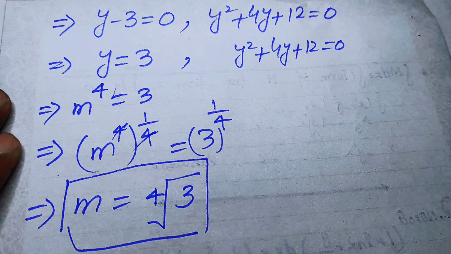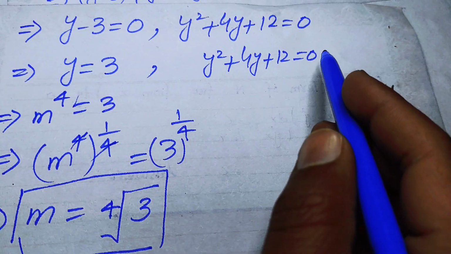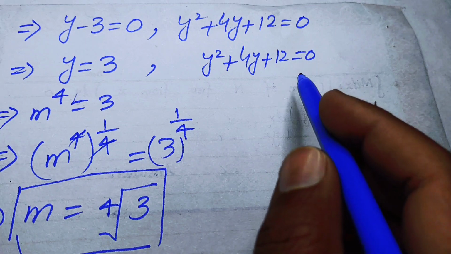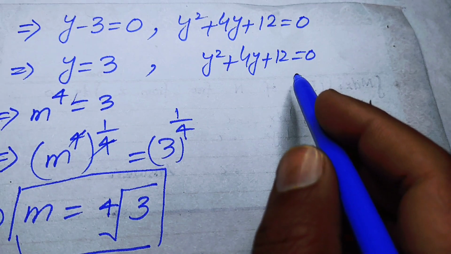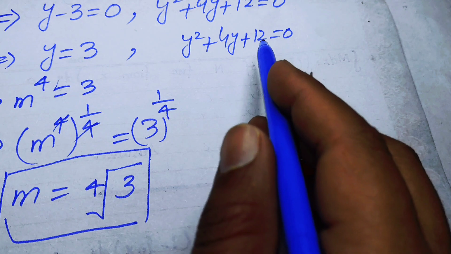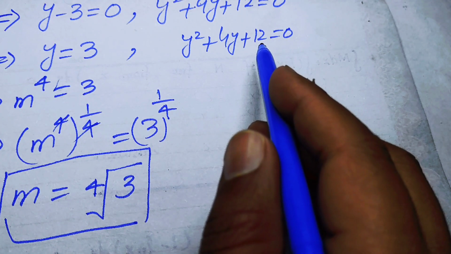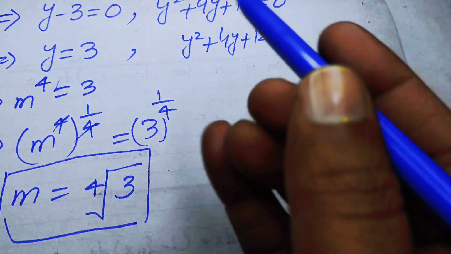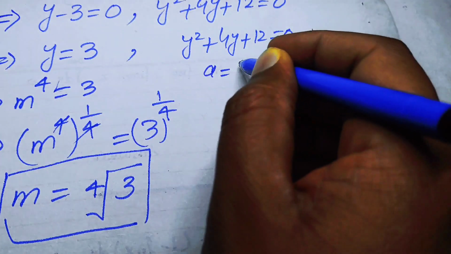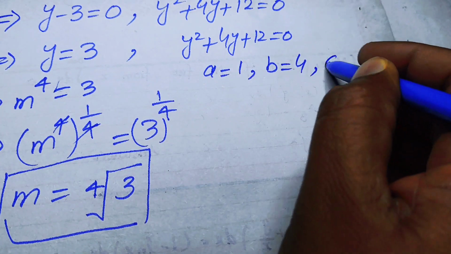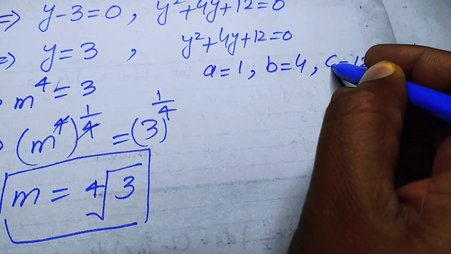In order to find the other solutions, we will move toward the quadratic equation. First I will check whether this quadratic equation gives us complex roots or real roots. Here we have a is equal to 1, b is equal to 4, and c is equal to 12.